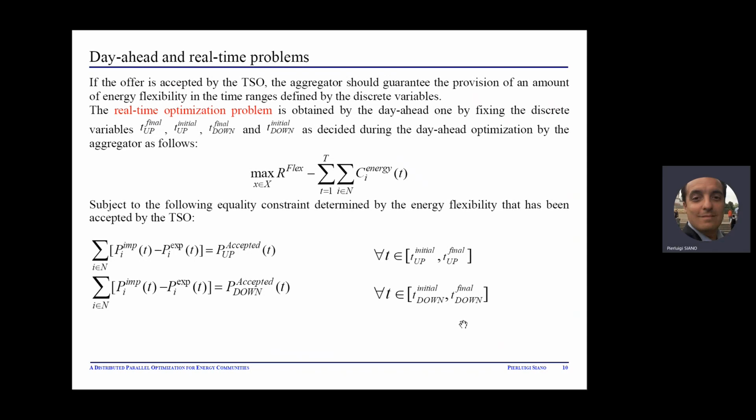And the following optimization problem should be solved, that is like the AI, but under some equality constraints that are related to the accepted power during the day ahead, and real-time optimization should be carried out every 15 minutes to update the control signals for the batteries to adapt to the changes of the photovoltaic productions and electrical loads of each prosumer, considering that the proposed parallel optimization is very fast.